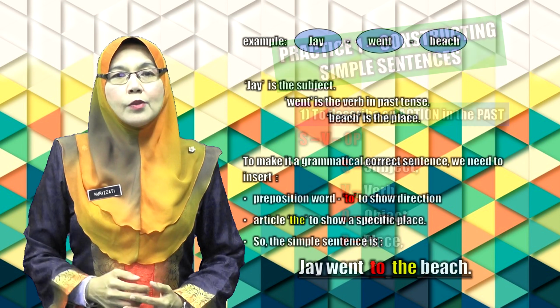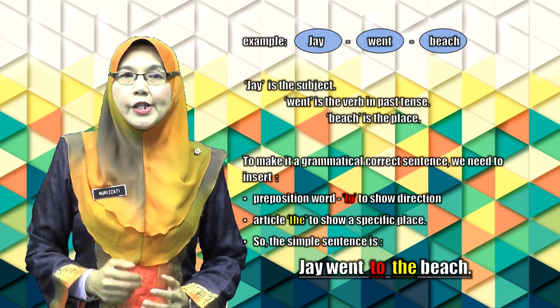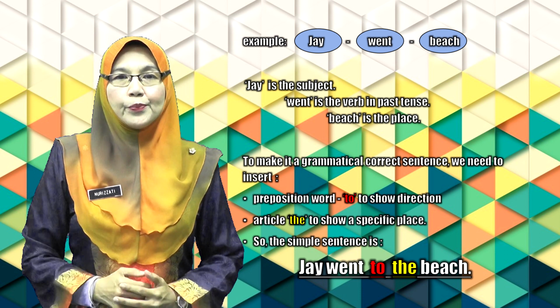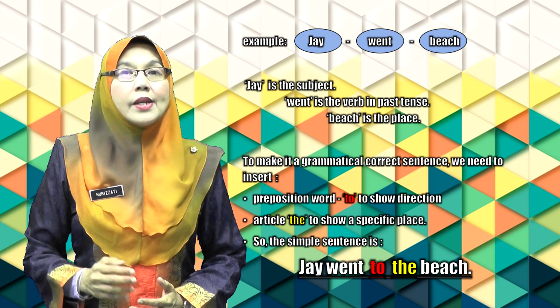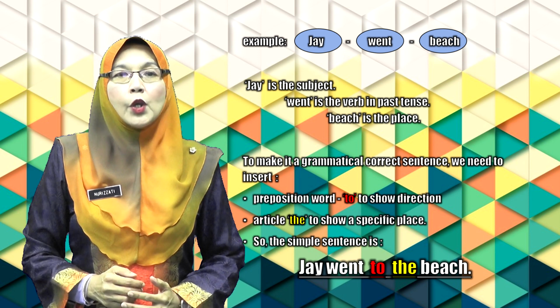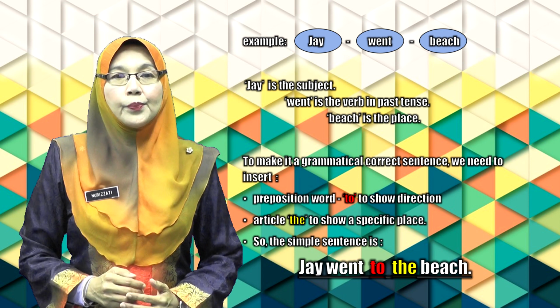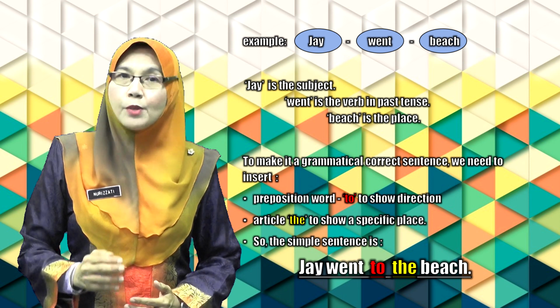For example, J went beach. J is the subject. Went is a verb in past tense form. Beach is the place.